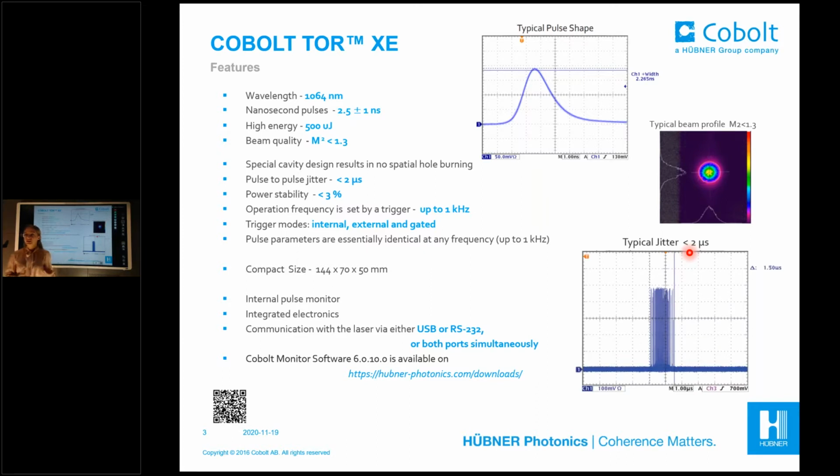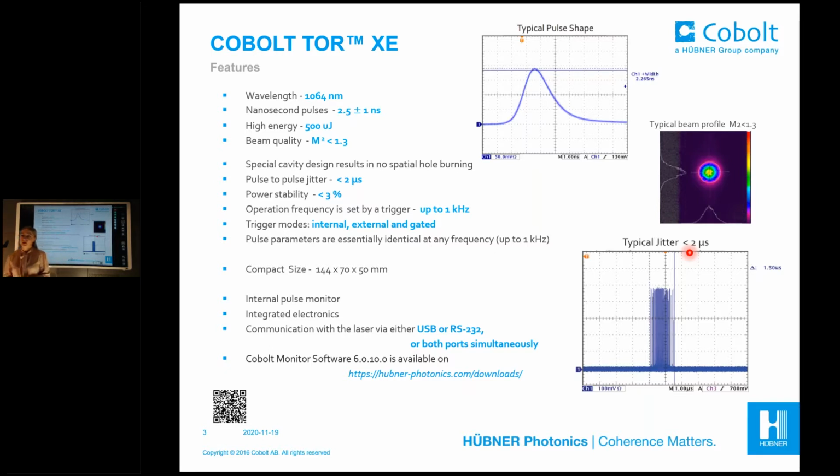The special cavity design of our lasers differentiates them from typical passively Q-switched lasers, in that because we have a traveling wave, we don't have any spatial hole burning. That provides us with an excellent jitter of less than 2 microseconds and power stability of less than 3%.